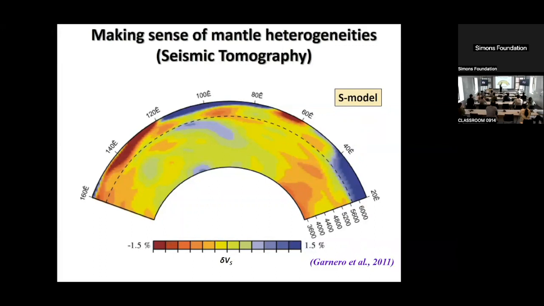These are fast regions, slow regions. They correlate well with cold regions, or perhaps hot regions with different chemical compositions. So our work is to figure out the materials properties that allow the interpretation of tomographic models like this.